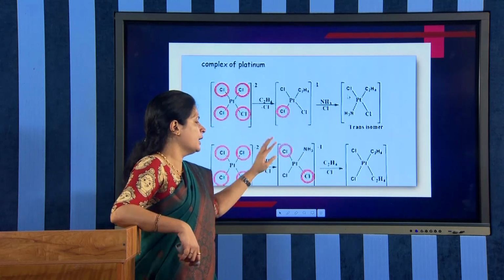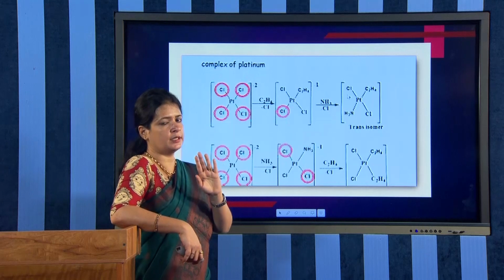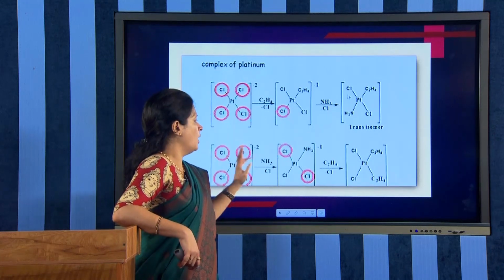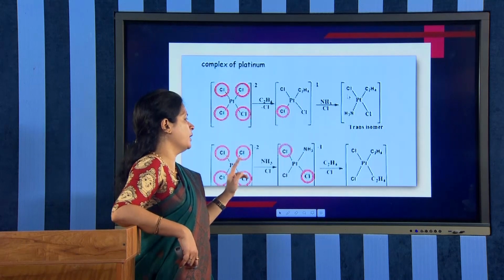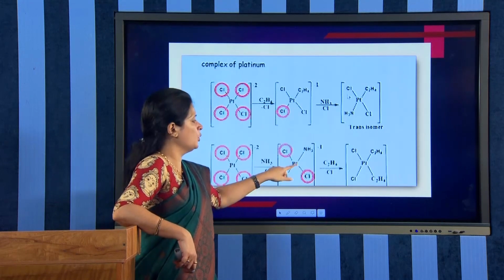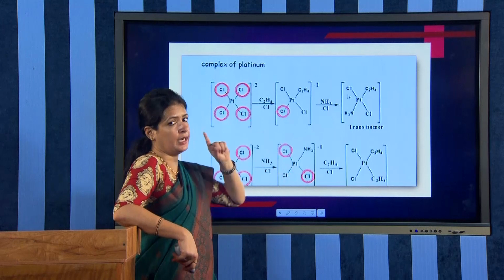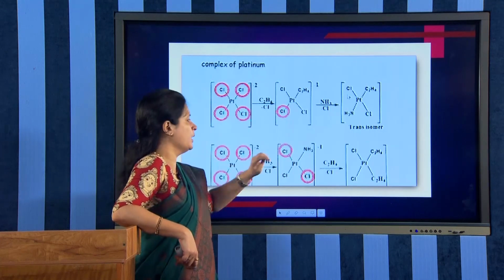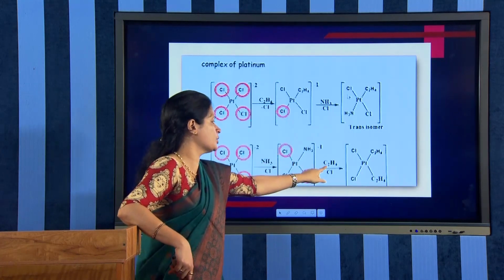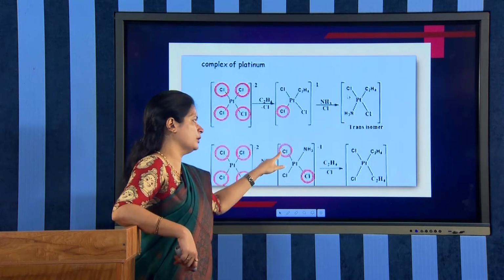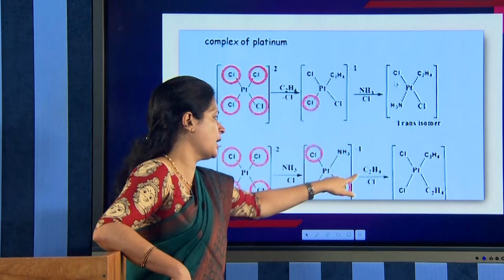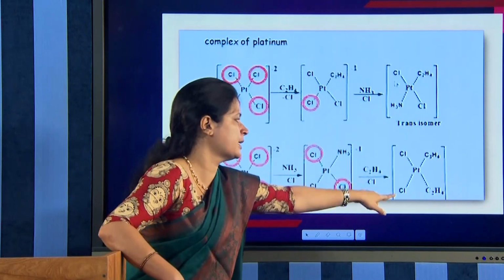And now the second time, if I am adding the second ligand, that is C2H4, to this complex, what happens? Here we have to consider the trans effect series. Comparing this ammonia and Cl minus, you will have the Cl minus having greater trans directing property. And now the C2H4 can be attached either to this position or this position. If it is attached to this position, I will get the cis isomer.